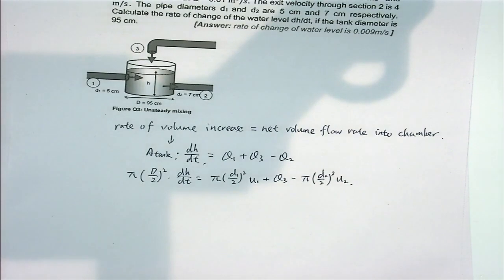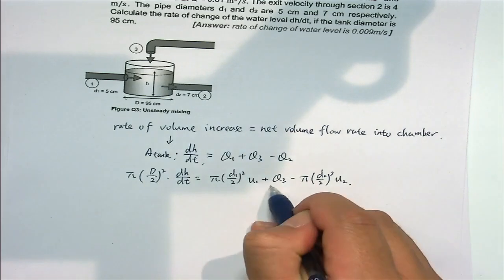Because we know the velocity of the fluid at pipe 1 and pipe 2, but for pipe 3 the volume flow rate is given.